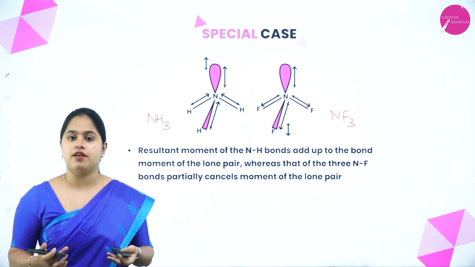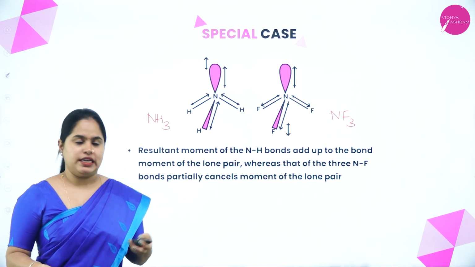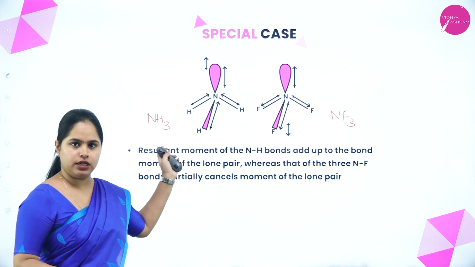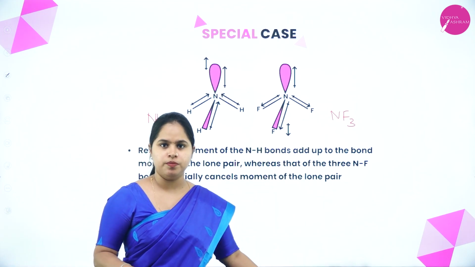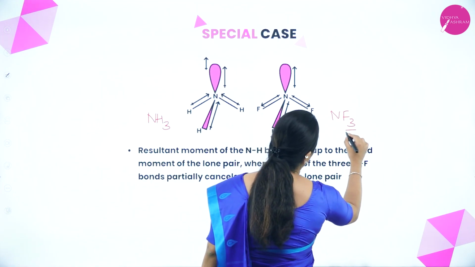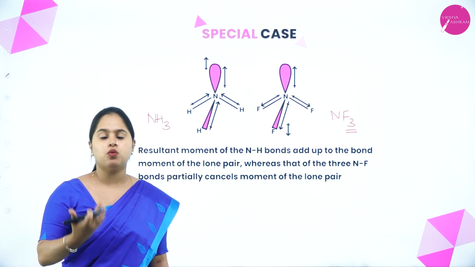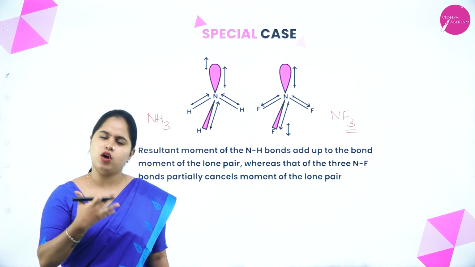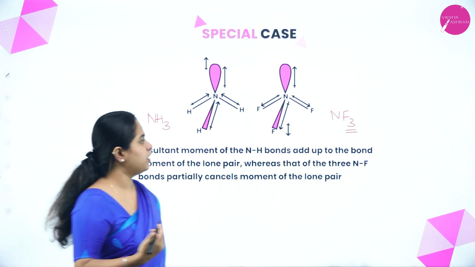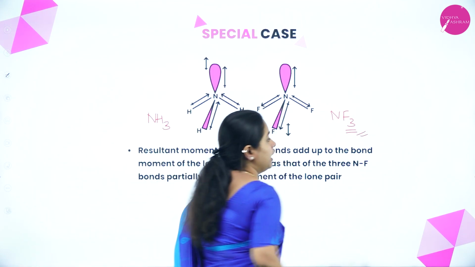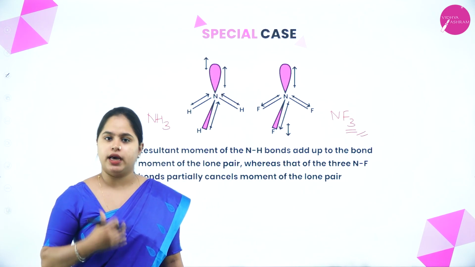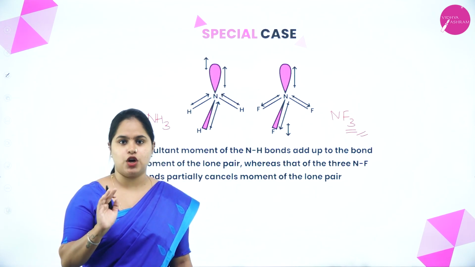Which one will have more dipole moment? Comparing nitrogen and hydrogen with nitrogen and fluorine, fluorine has more electronegativity. So what would be your answer? Yes, NF3 will have more dipole moment. But this is not correct.